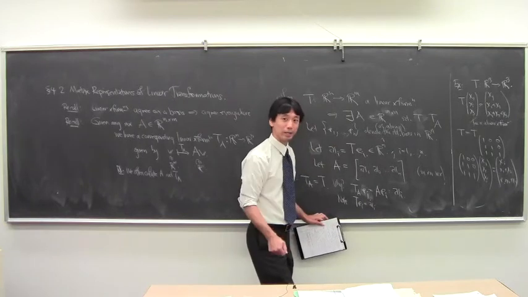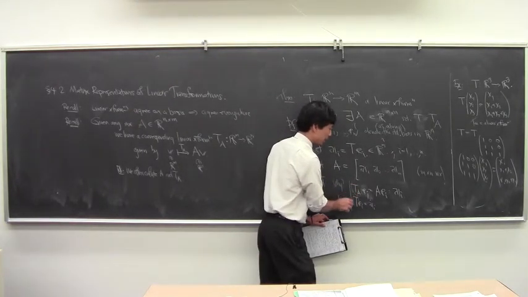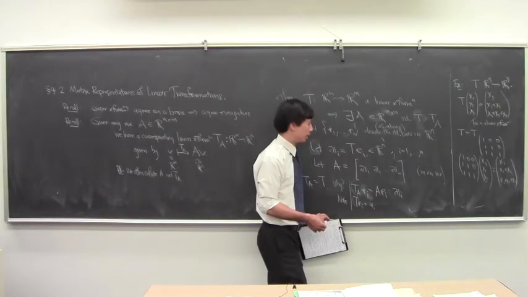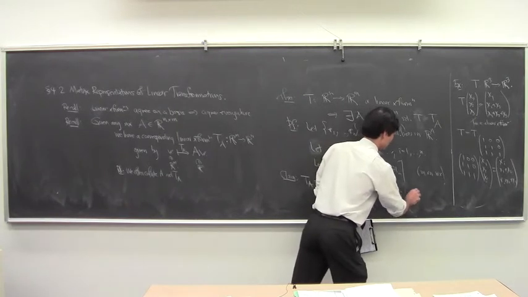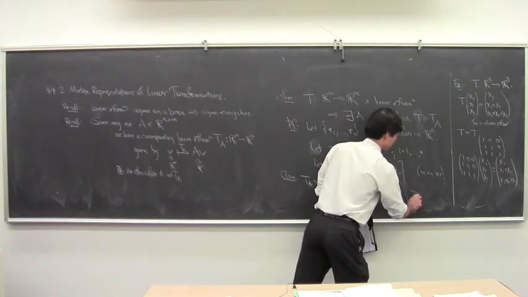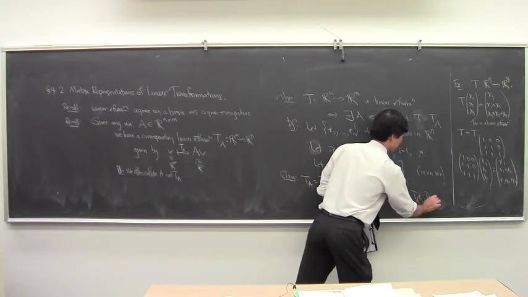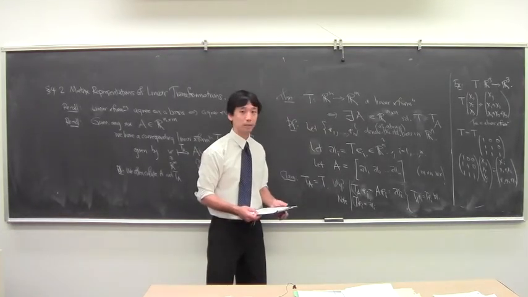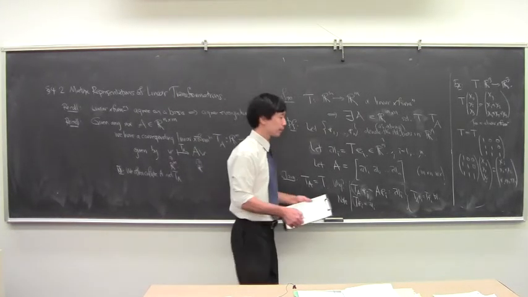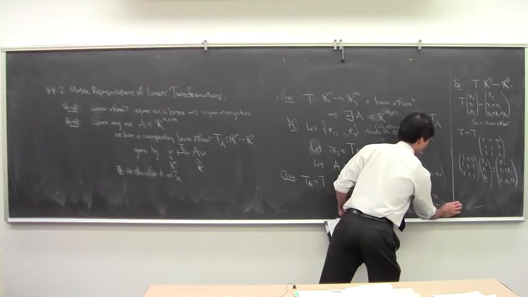So T sub A and T both agree on the Eis. T sub A of Ei equals T of Ei for all i. In other words, you've got two transformations that agree on a basis, and so they're identical. So T sub A is T.